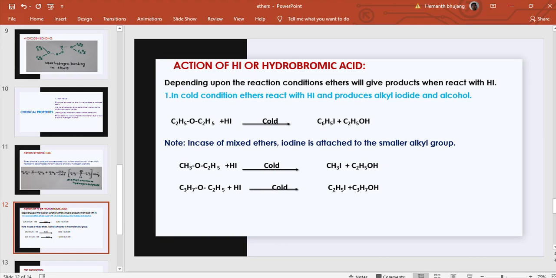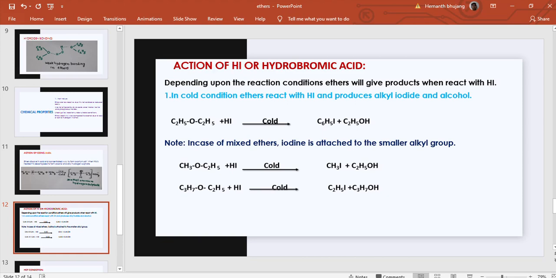As we are taking HI, we get iodide; if we take HBr, we get bromide. So diethyl ether with hydrogen iodide under cold condition produces alkyl iodide and alcohol. We have to remember these products and this condition: under cold condition, alkyl iodide and alcohol.